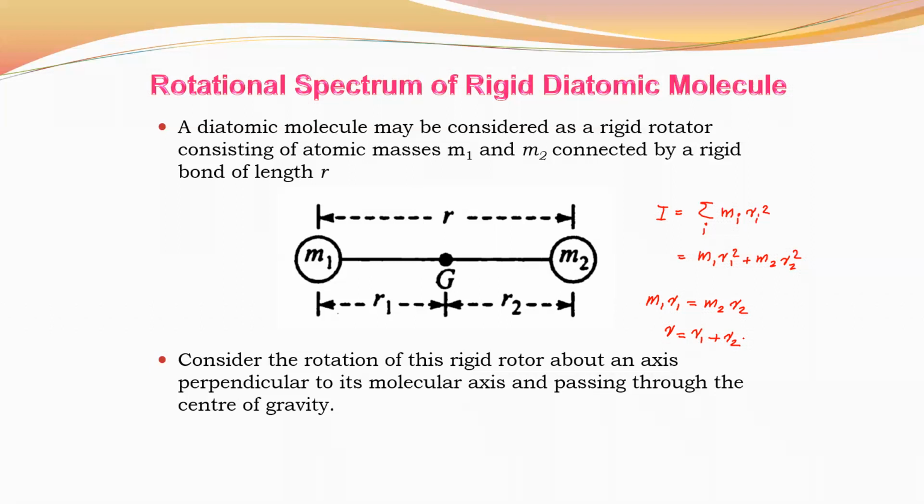So here we are considering the diatomic molecule as a rigid rotor consisting of two masses. So it is a two body problem. Then our aim is to reduce this two body problem into a one body problem.